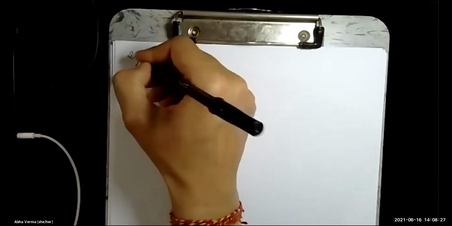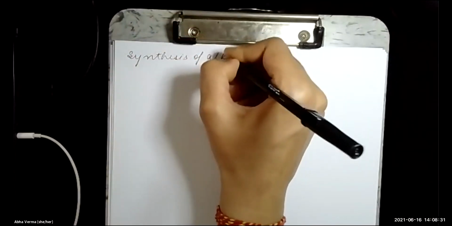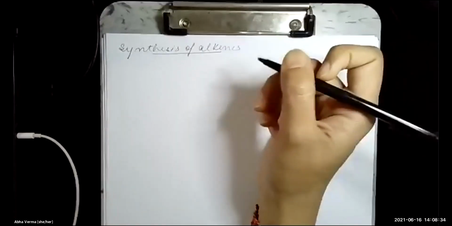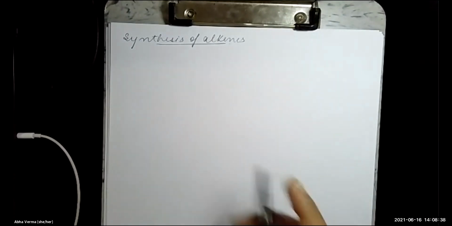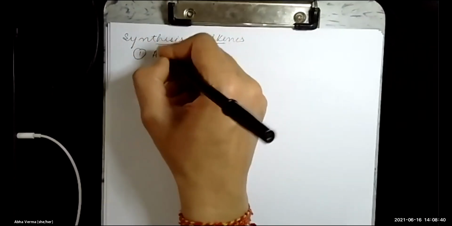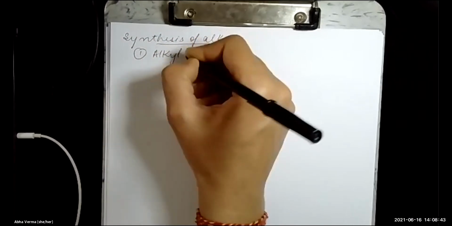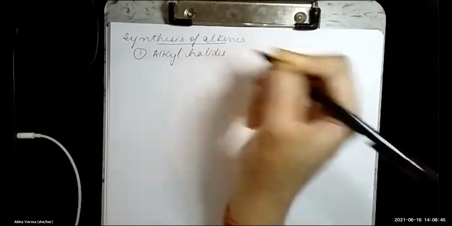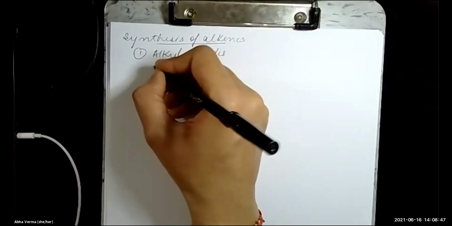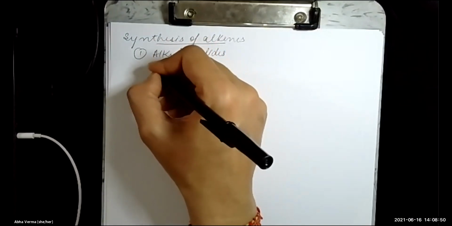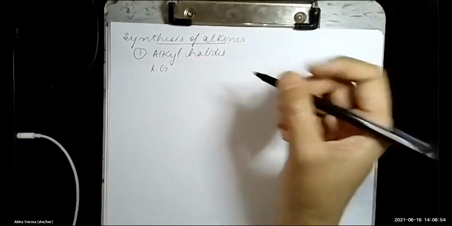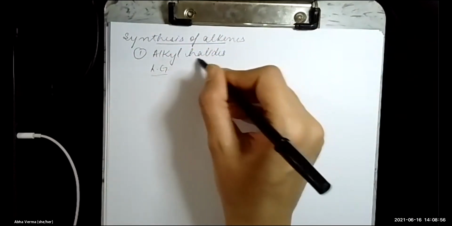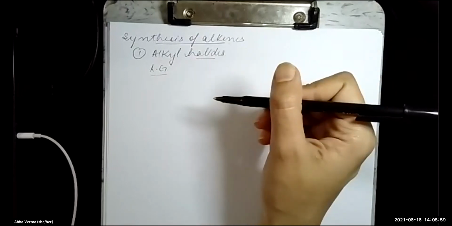So the synthesis of alkenes. What we have looked at so far for the E2 and the E1 elimination, we have figured out that from alkyl halides and from other leaving groups, when we do their removal, we will get the alkene.